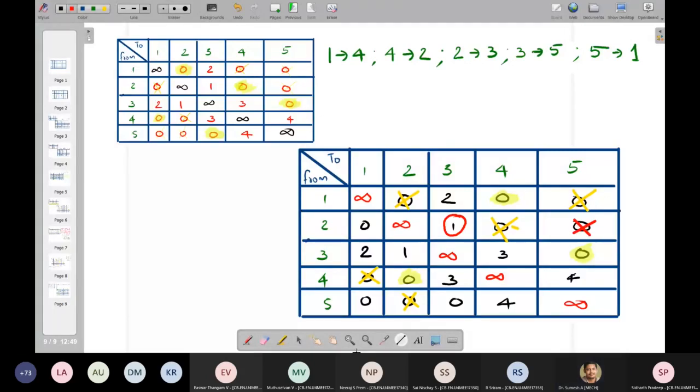Now where should I go back? I have to go back to city 1. Okay, in a minimum cost, did I complete the loop? Sometimes you may find alternate paths also.